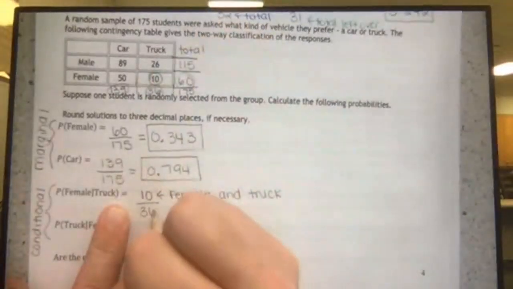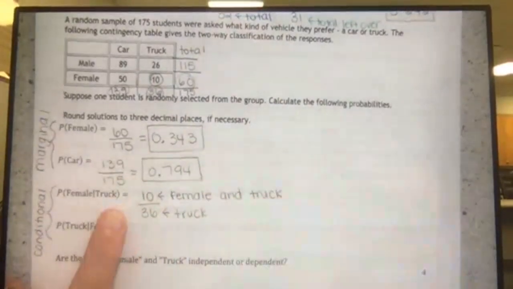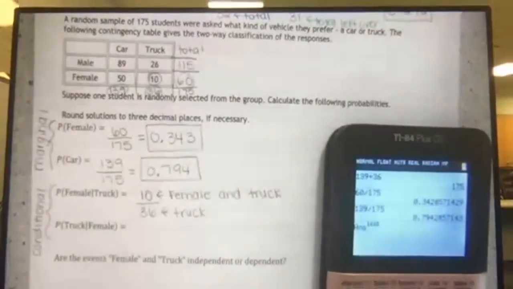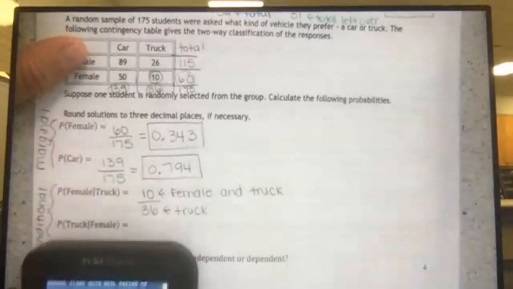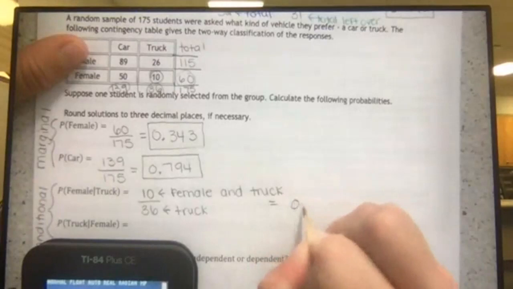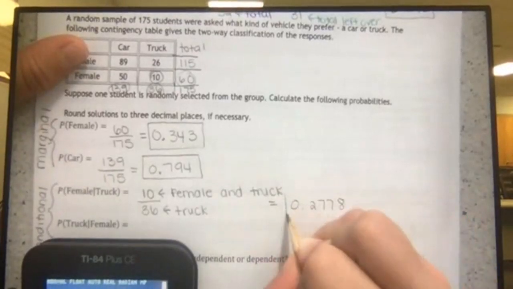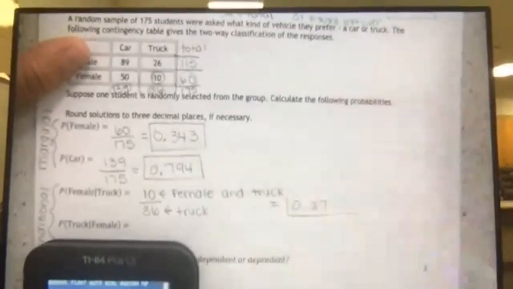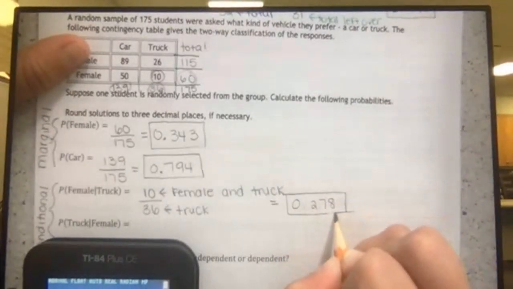So out of 36, we're only looking at trucks. It's given trucks. So 10 out of 36, which would give us 0.2777, so 0.278.